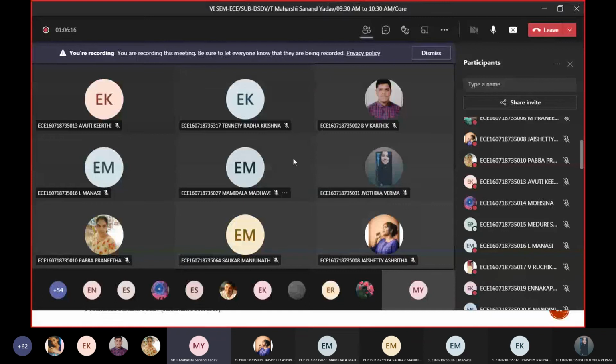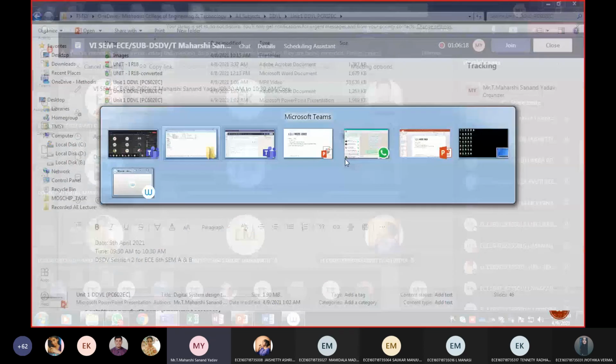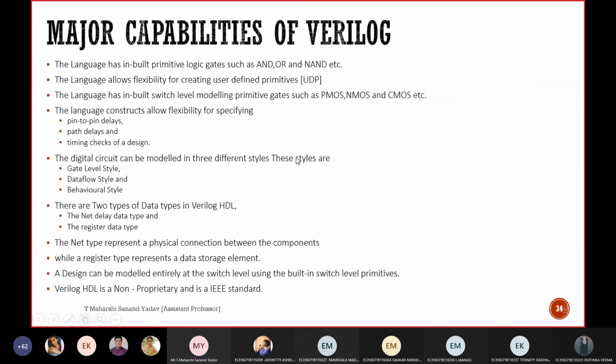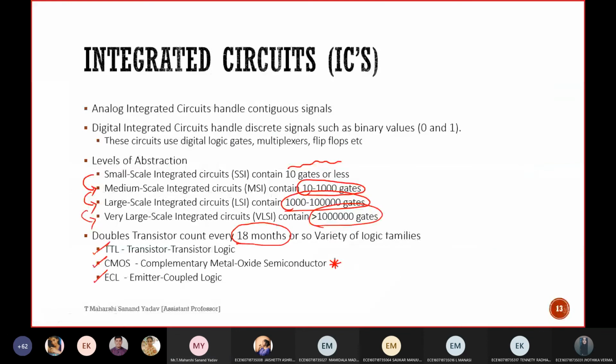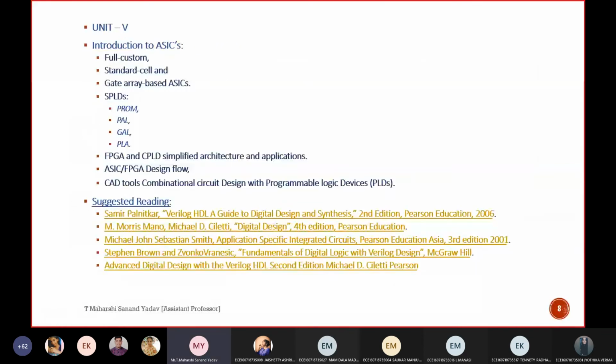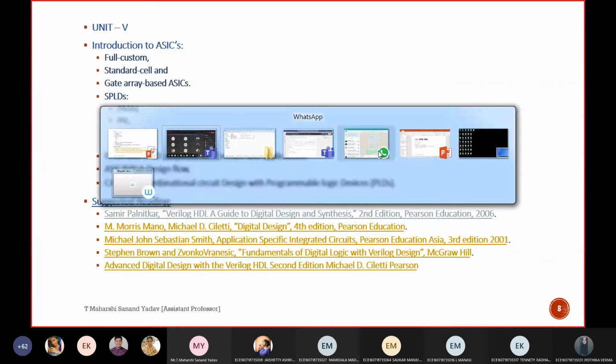For this subject you need to go through the Samir Palnitkar textbook. Better try to purchase this book. If you want a soft copy also, I'll send you.